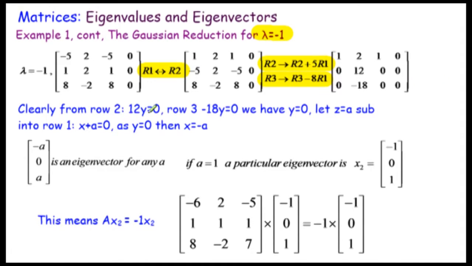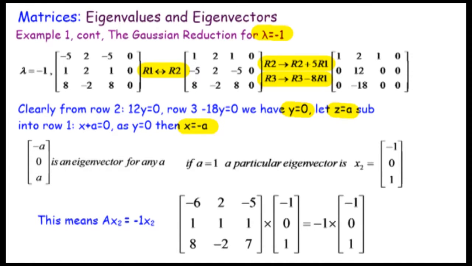But if 12y is 0 and minus 18y is 0, obviously y is 0. So if y is 0, then you let, say, z equal a, for instance. It doesn't matter. And then back substitute into the top row to work out what x is. So we get y is 0, z is some a, and x is minus a.